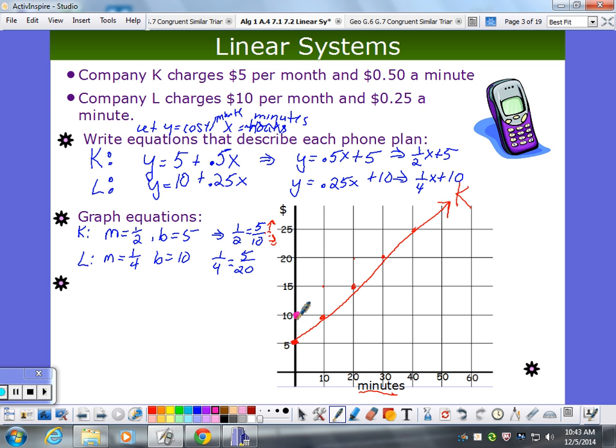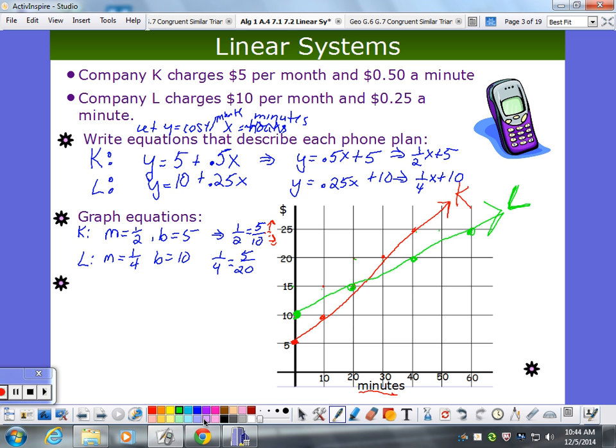It costs more at first. Can you see that? Now I'm going to go up 5, right 20. Up 5, right 20. Up 5, right 20. And this is company L.